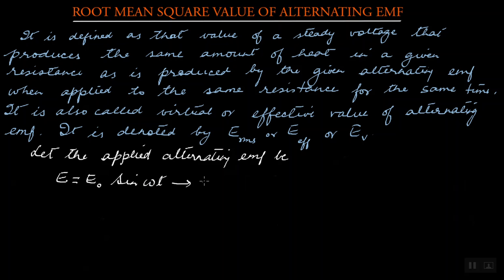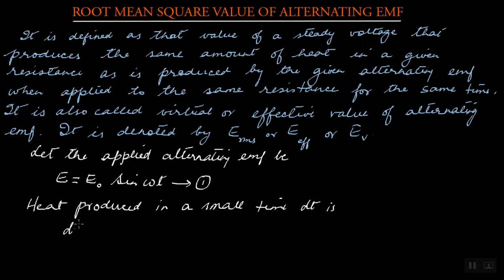This expression we already got in the first lecture of this chapter. So the heat produced in a small time dt is dH, which is equal to E square by R dt.